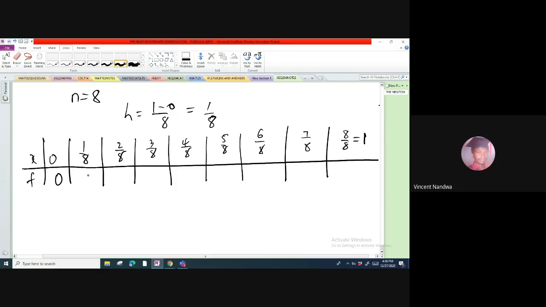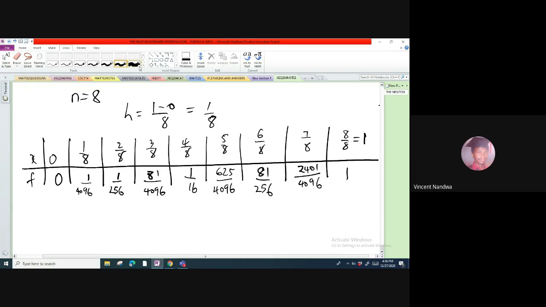So from our previous example, we see that this will be 0, 1 over 4096, 1 over 256, 81 over 4096, 1 over 16, 625 over 4096, and then 81 over 256, and then 2401 over 4096, and then lastly 1.